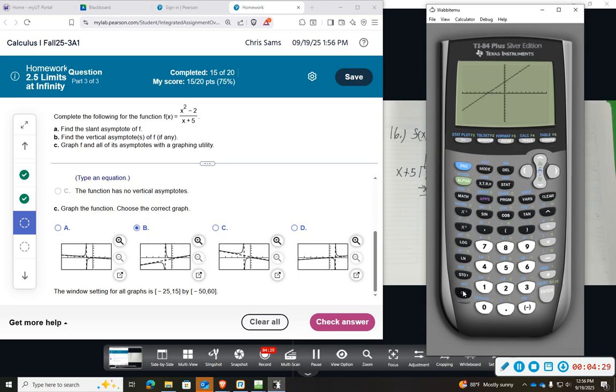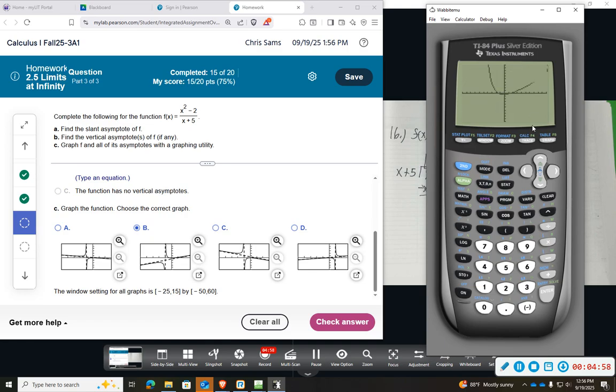But if you want to graph it, I can do alpha y equal, enter, make a fraction, and then we will do x squared minus 2, and then x plus 5, and then graph it.